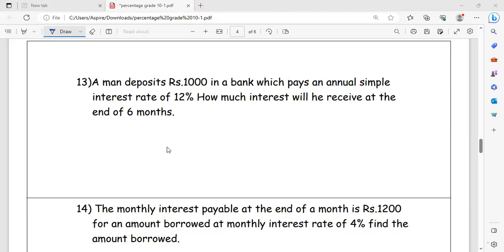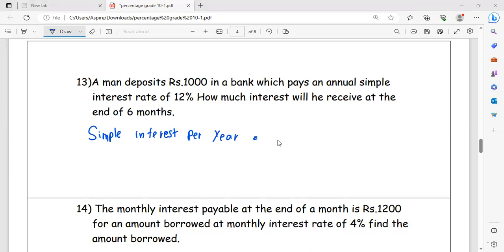Then first of all, calculate the annual simple interest. Simple interest for a year is equal to 12% of 1,000.